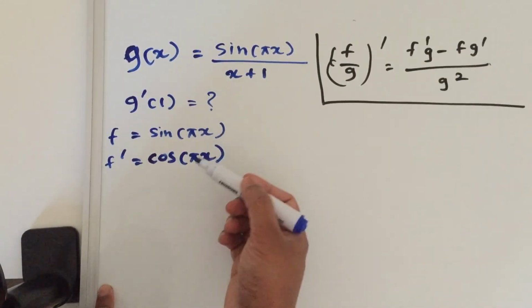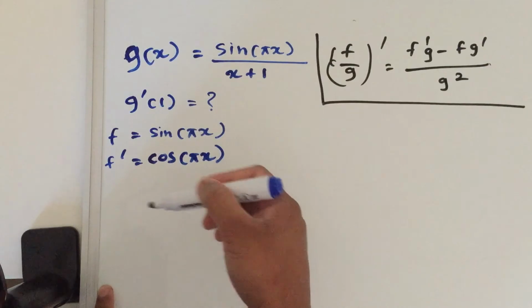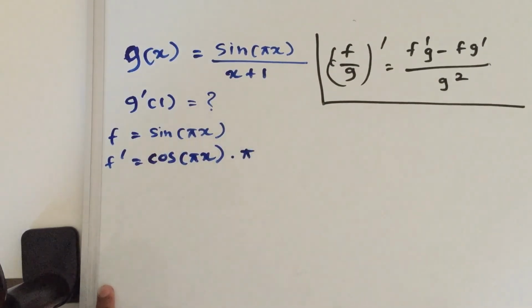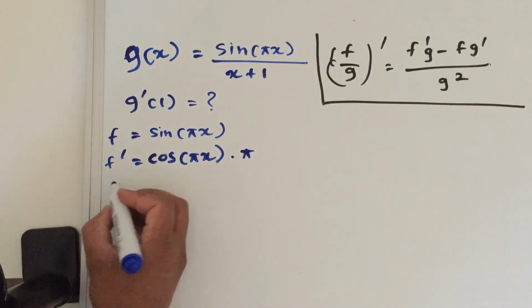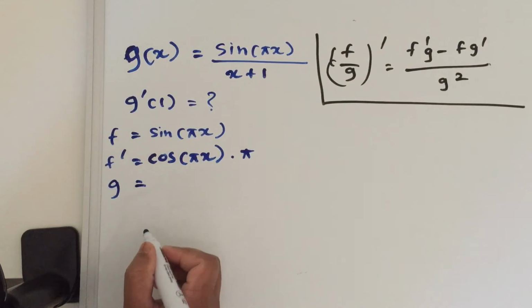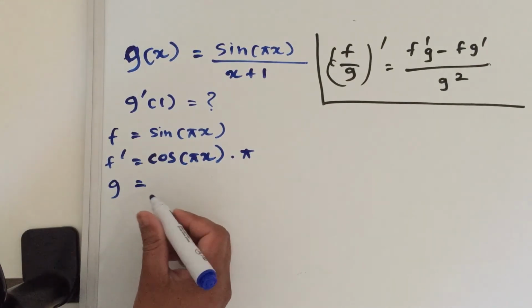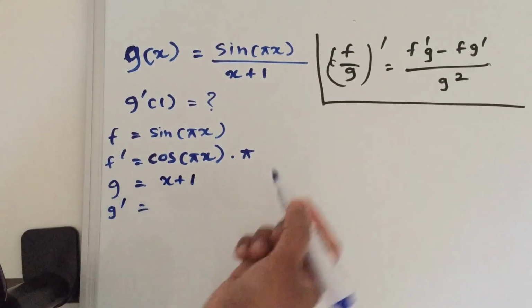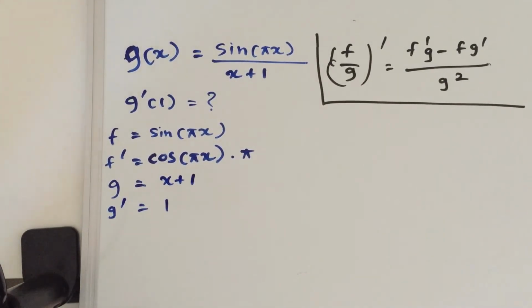So we do the derivative inside the sine function, which is pi x, which is pi. So this is the chain rule. And g here is x plus 1, and it's easy. The derivative of x plus 1 is 1, right?